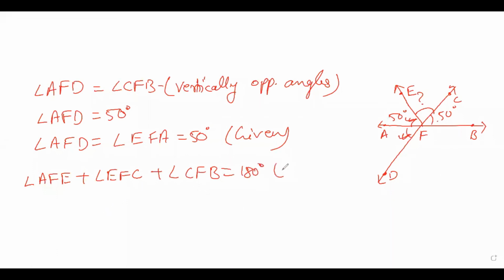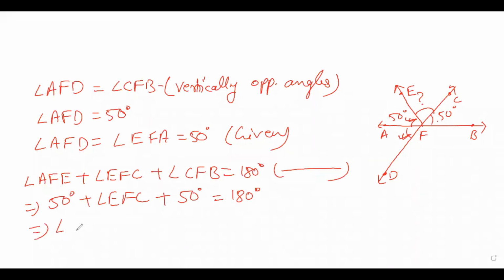Because the sum of all angles on a straight line is equal to 180 degree. So the value of this angle is given 50 degree plus this angle we have to find out. This angle value is also 50 degree equal to 180 degree. 50 plus 50, 100. So the value of this angle equal to 180 degree minus 100 equal to 80 degree.